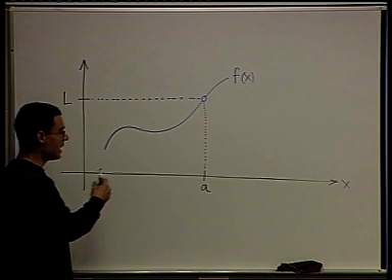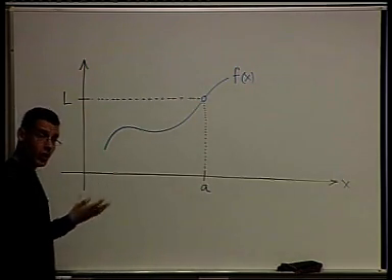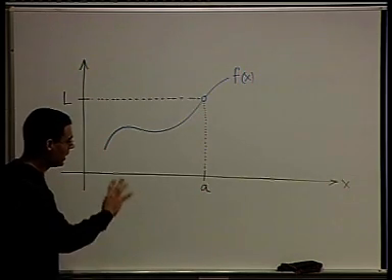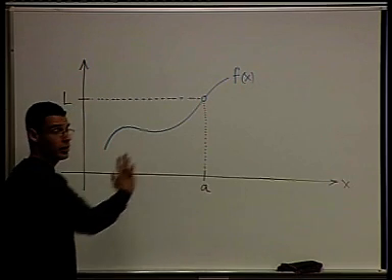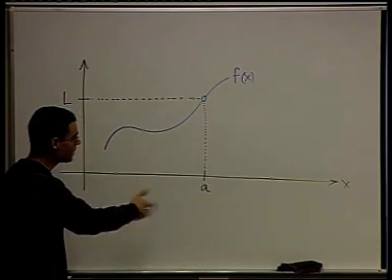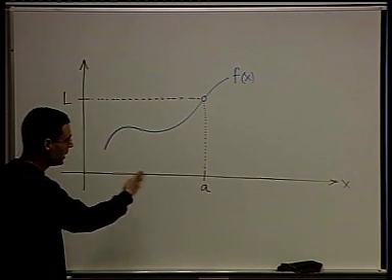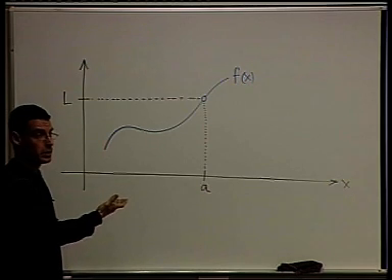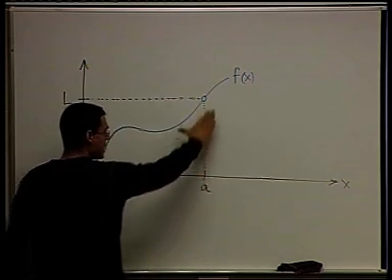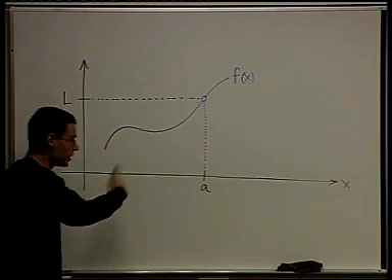And the difference between this and all the other properties we had so far is that this is not a still photo. This is something dynamical. Okay? This is a video. This is, as x approaches A, the values of the function approach L. There's motion here.